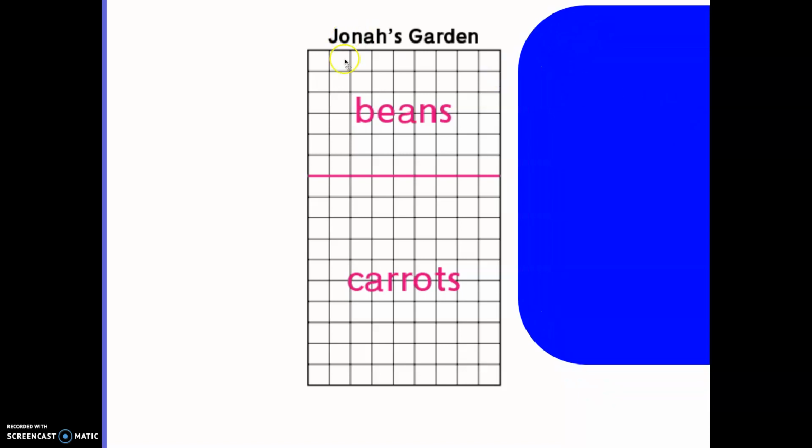Okay, so here's how I did it. I partitioned his garden. I have 6 rows for beans, 1, 2, 3, 4, 5, 6. And then I have my dividing line right here where I partitioned it, and I labeled it beans. And then I have 1, 2, 3, 4, 5, 6, 7, 8, 9, 10 rows for his carrots, and I labeled it carrots.